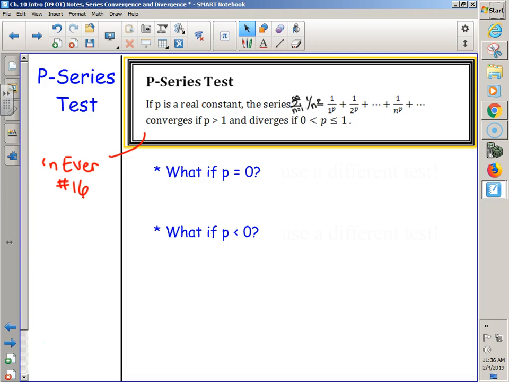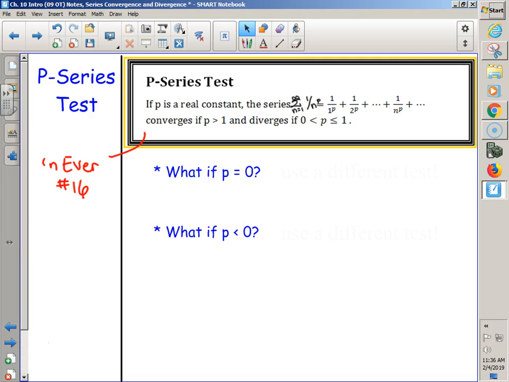Improper integral from 1 to infinity of 1 over x. The antiderivative is ln, and ln of b minus ln of 1. Yeah, I can do absolute value. What happens as b goes to infinity? It diverges if you have 1 over x.